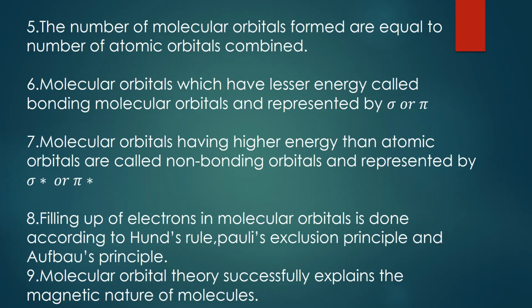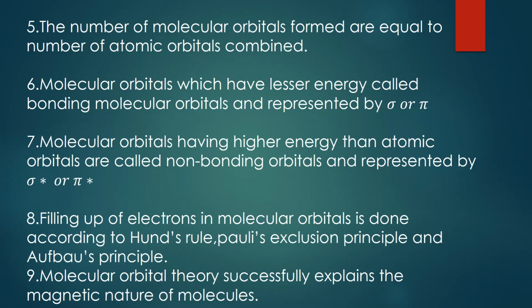Molecular orbitals which have lesser energy are called bonding molecular orbitals and are represented by sigma or pi. Molecular orbitals having higher energy than atomic orbitals are called antibonding orbitals and are represented by sigma star or pi star.